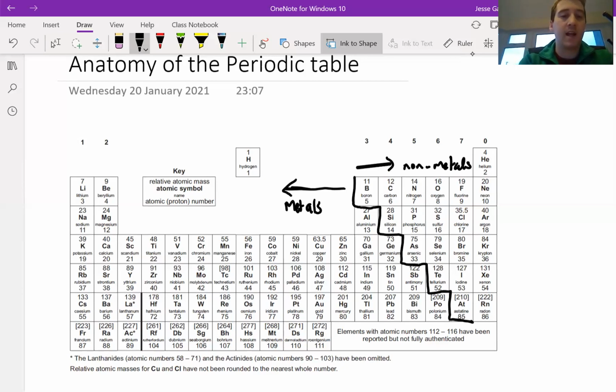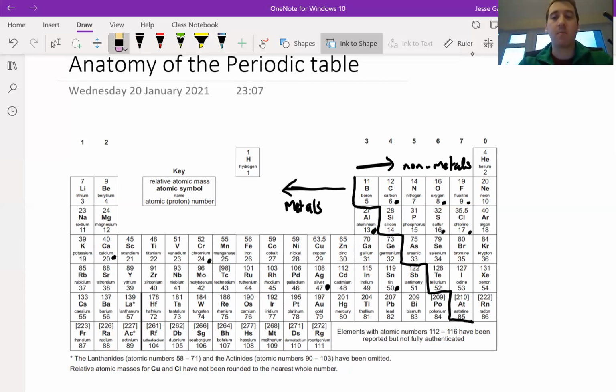So calcium, chromium, silver, aluminium and tin, because they're to the left of the stairs, are all metal elements. Oxygen, fluorine, helium, sulfur, chlorine and carbon are to the right of the stepped line, which means that they are non-metal elements.